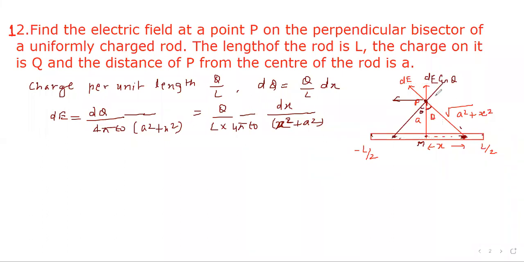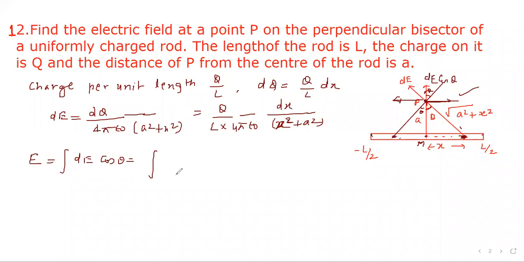This angle is again theta. So dE cos theta will be in this direction, and dE sin theta in this direction. The dE sin theta components will get cancelled, so the net electric field will be due to the dE cos theta component. So we find E due to the entire rod.